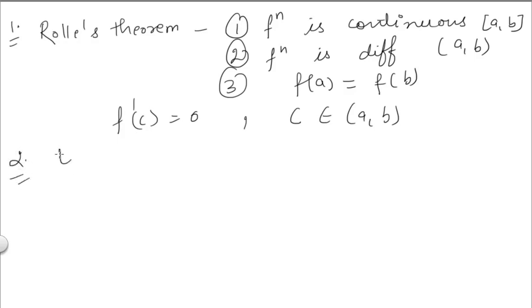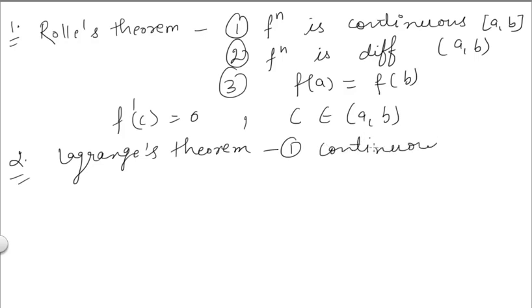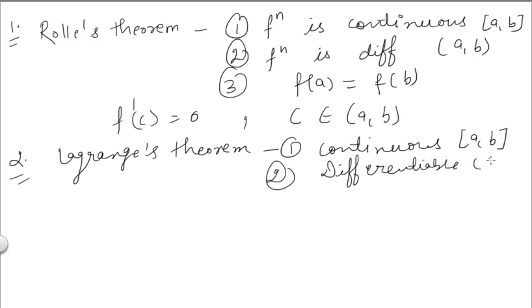In Lagrange's theorem, we had two conditions to be satisfied. Right, the first one was continuity of the function. So the function should be continuous in the interval a comma b. The function should be differentiable in a comma b.